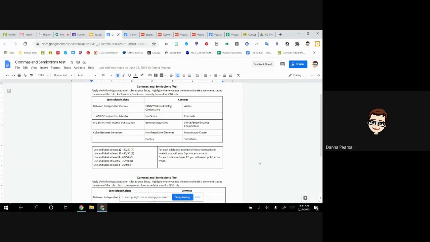And as I looked at students' essays, I would just put a little tally mark when they used each of these concepts. And to make it easier for me, sometimes I would have them highlight where they used a comma between independent clauses, just so I could find them.